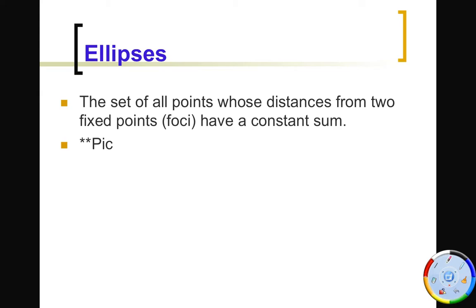Our definition, you may know a little bit already what an ellipse is. It's basically this shape. Some of you would say that's an oval. It's not really. It's an ellipse. An ellipse, by definition, is a set of all points whose distances from two fixed points called the foci have a constant sum.